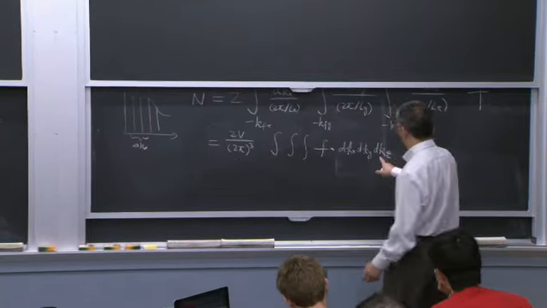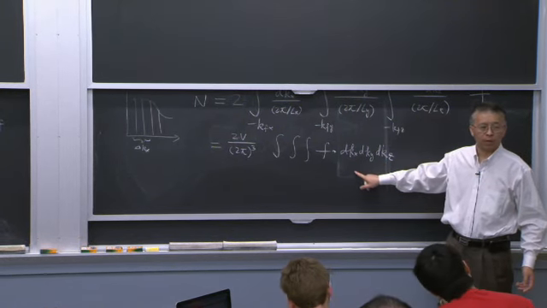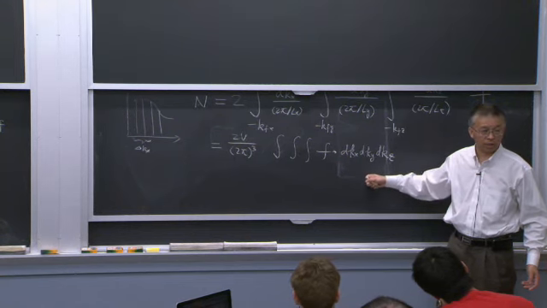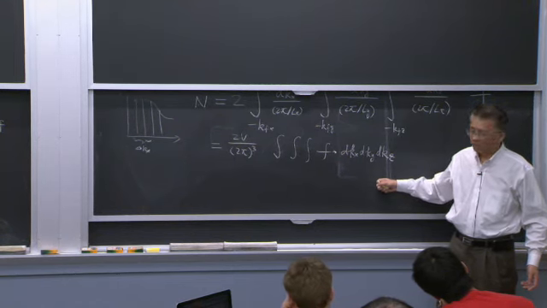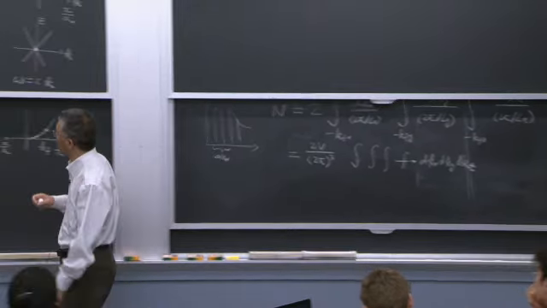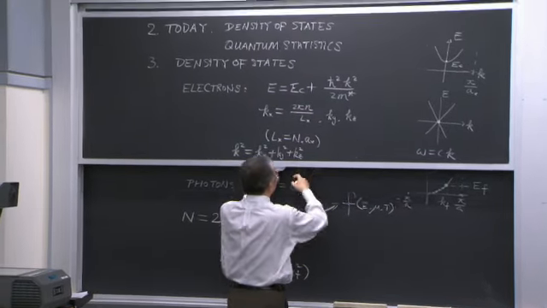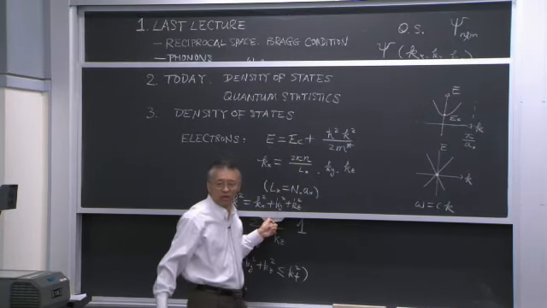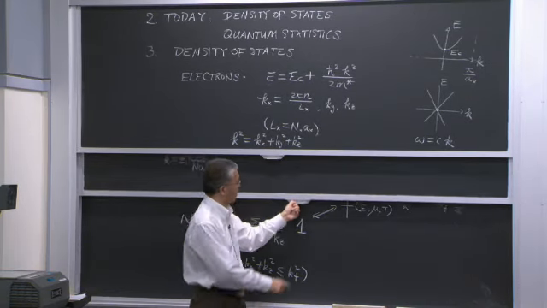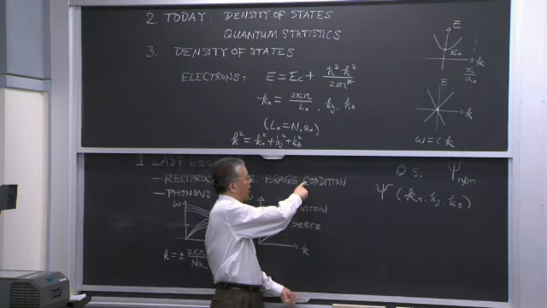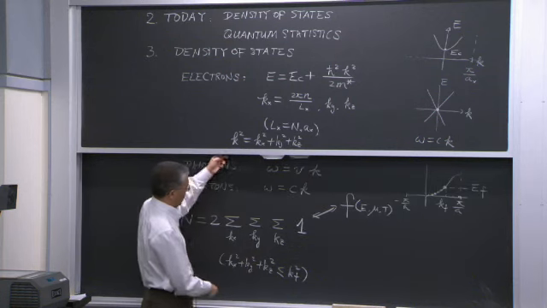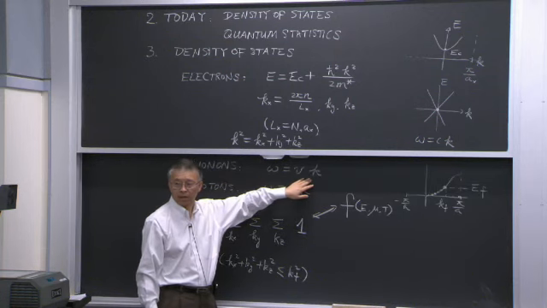And so what I'm doing here is in a Cartesian coordinate, dkx, dky, dkz, right? And if this is spherically symmetric, if the function of E is spherically symmetric, for a phonon here, omega is k.